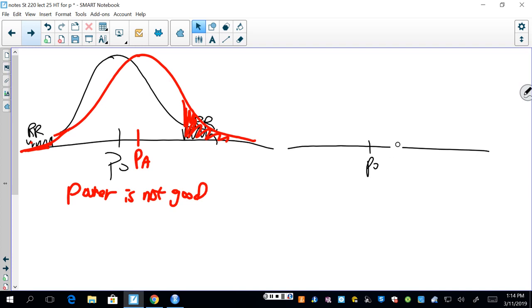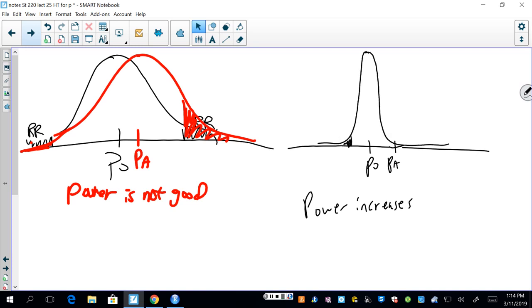What would make power bigger? Generally, bigger sample size makes those sampling distributions smaller. So I'll try to draw this in a different way. So instead of being maybe a very large sample size, and if this was a sampling distribution, so that you're going to reject for anything kind of here or here, a bigger sample size will make that sampling distribution narrower.